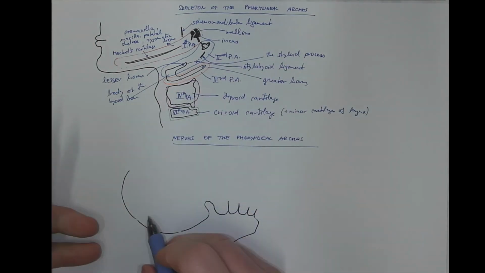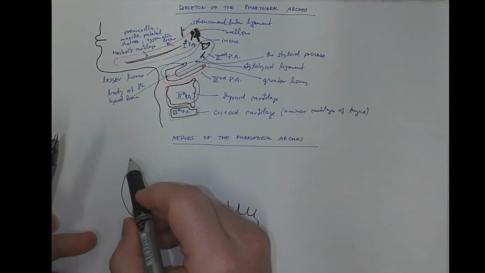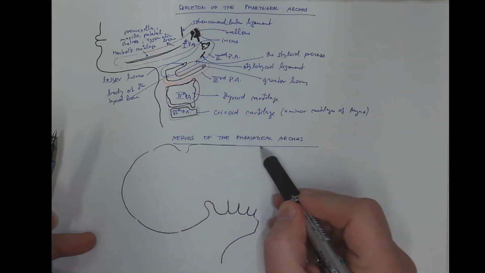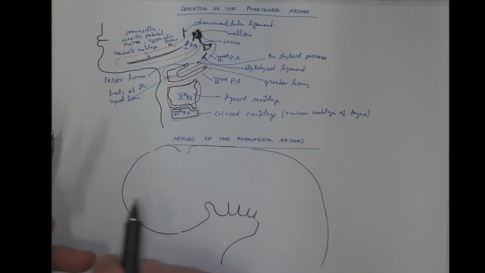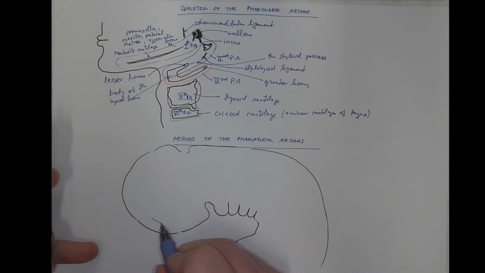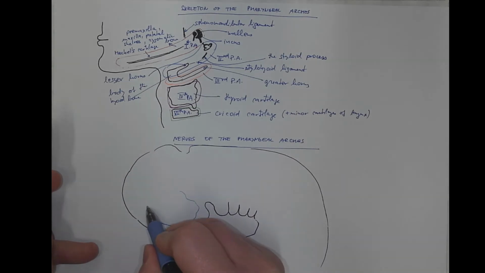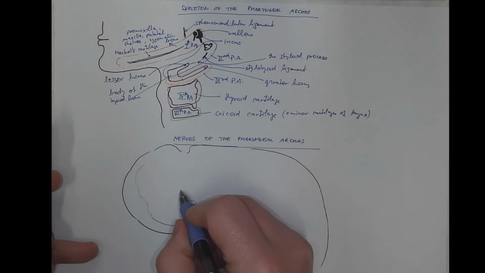Let's relate it to the developing brain. Here will be the brain vesicles.